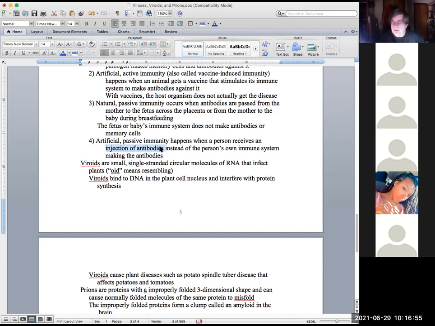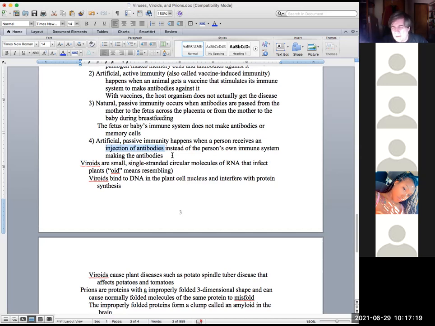So this way, if you get bitten by a snake, like a cobra, where that can be fatal, instead of waiting to see if you survive or not, we could potentially give you antibodies and then you survive. Now, the bad news is, if you got bitten by a cobra, you didn't get the antibodies, but you survived, now you would have memory cells, you would make your own antibodies.